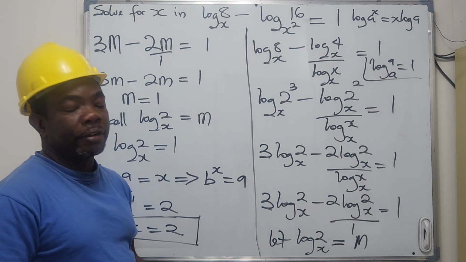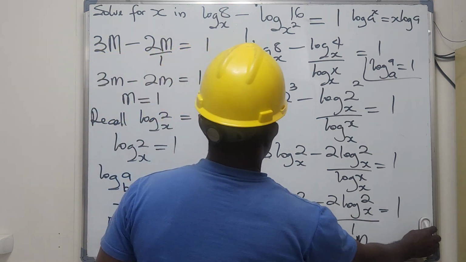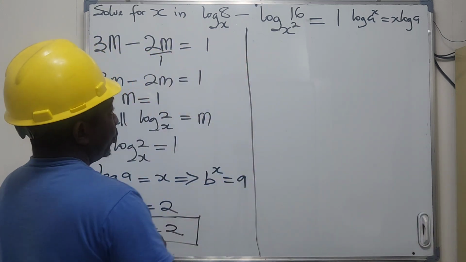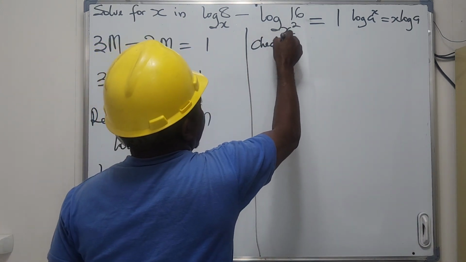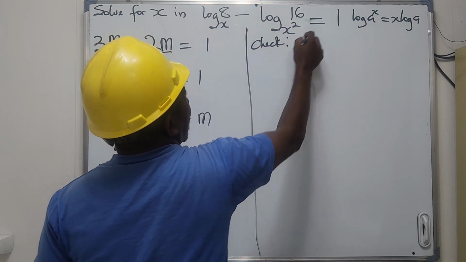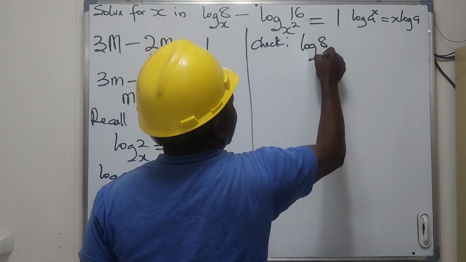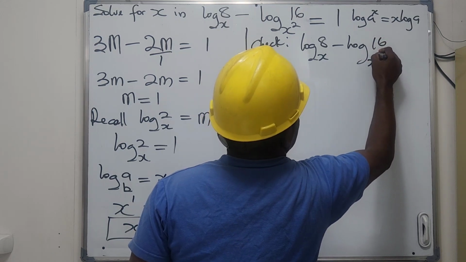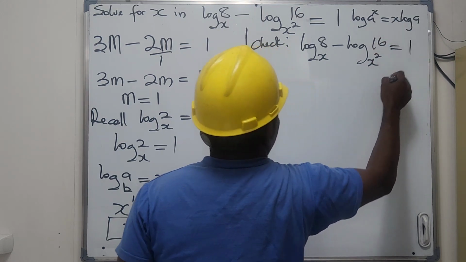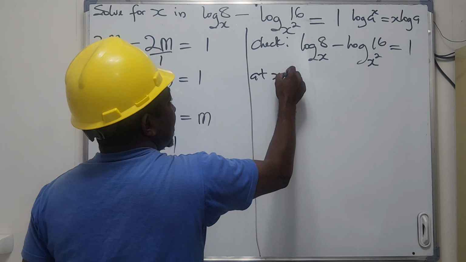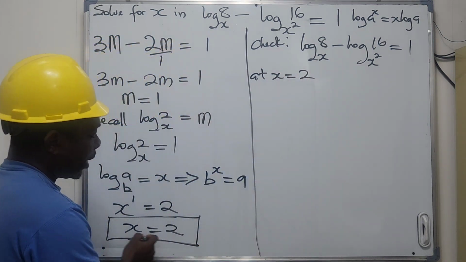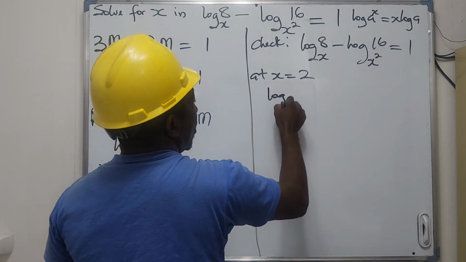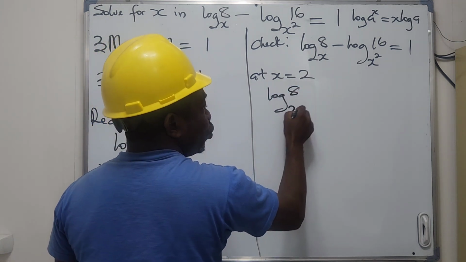But we can do a little check to see whether that value of x equals 2 satisfies that equation. So we say check: when we have log 8 base x minus log 16 base x to the power of 2 equals 1, at x equals 2. This is the value of x that we have. So now this will become log 8 base 2.